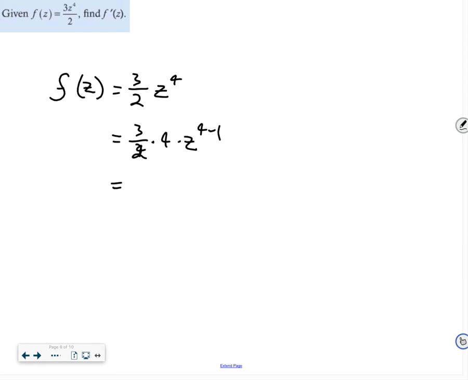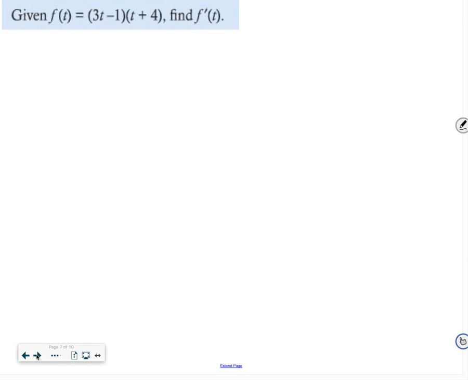Well, 3 times 4 is 12 divided by 2, and I get z to the 3rd. 12 divided by 2 is just 6, so I get 6z to the 3rd, and this is equal to f prime of z.